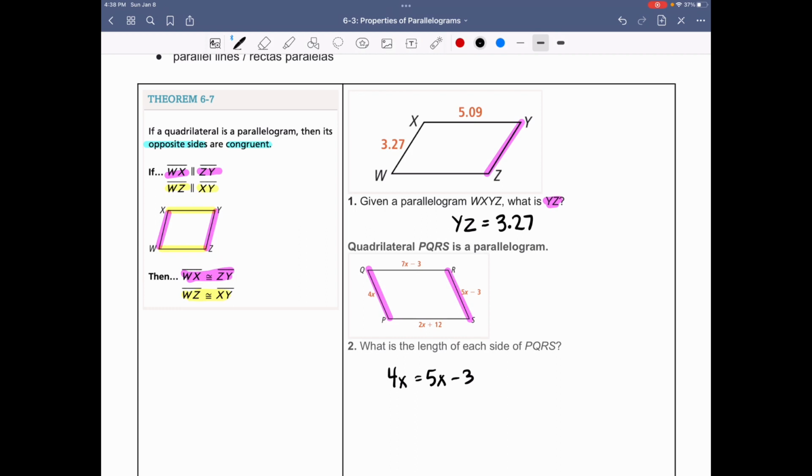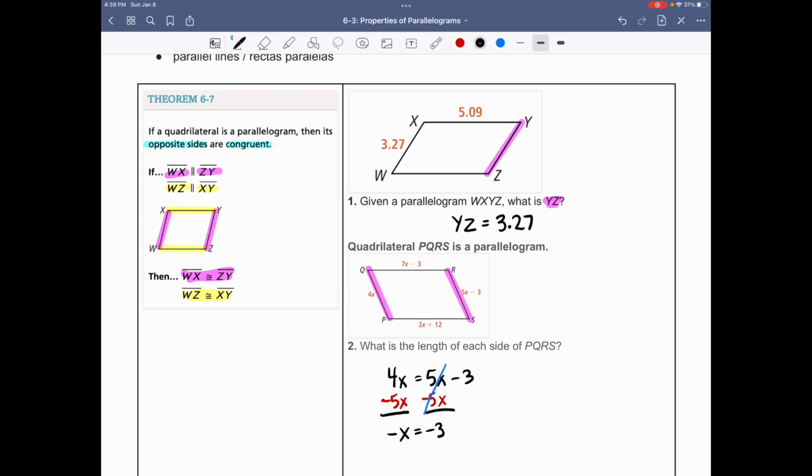So how do we solve this? I have 4x equals 5x minus 3. I'm going to get variables on one side. So this cancels, leaving us with negative x equals negative 3.